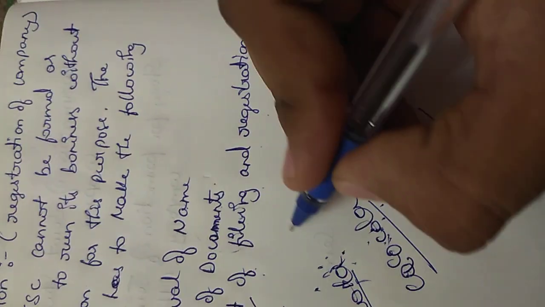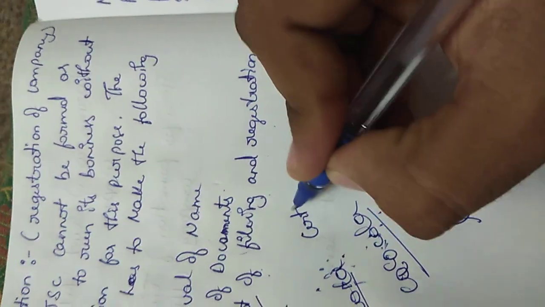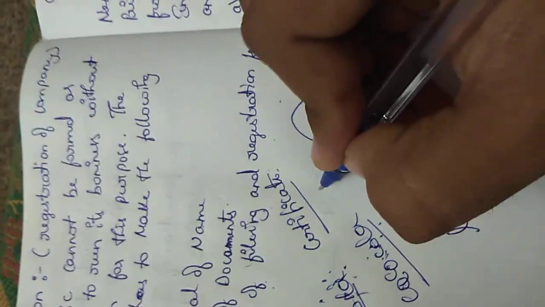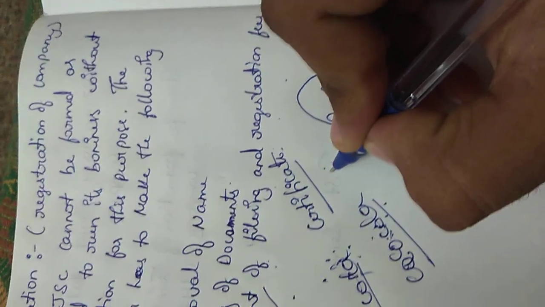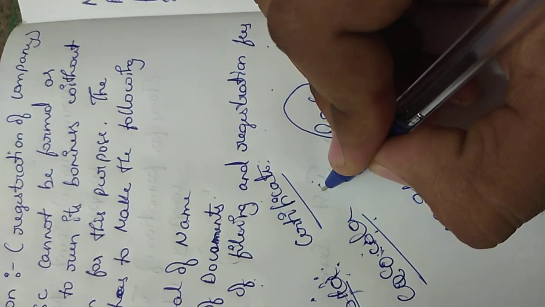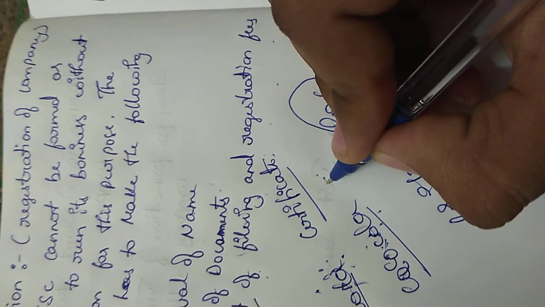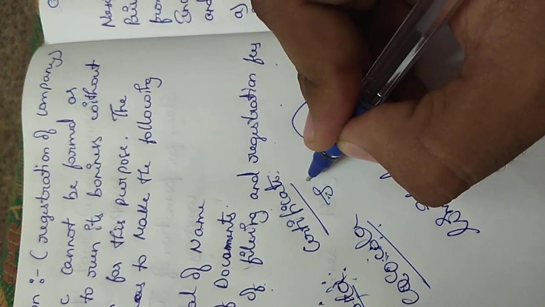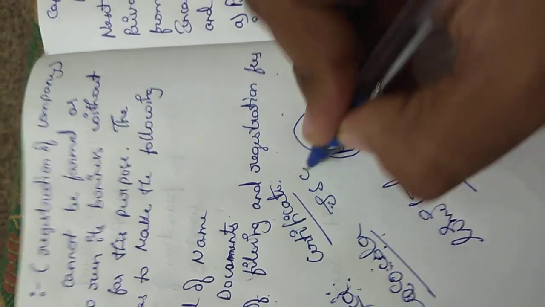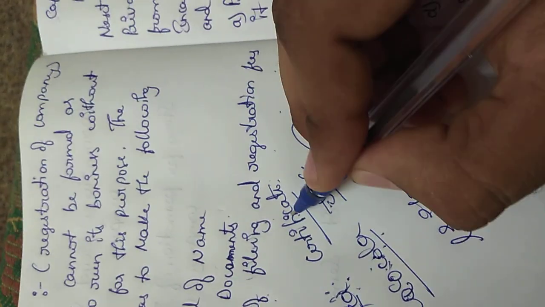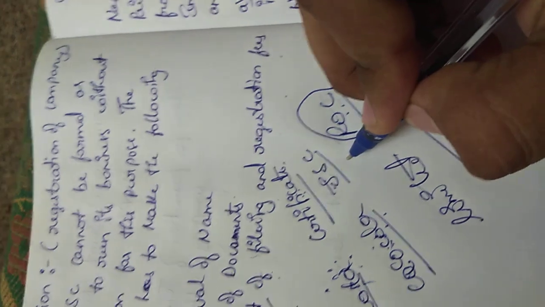After getting the certificate, we can start our business immediately. This certificate is also called the birth certificate of the JSC, Joint Stock Company.